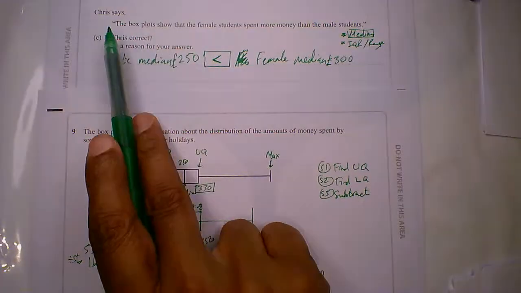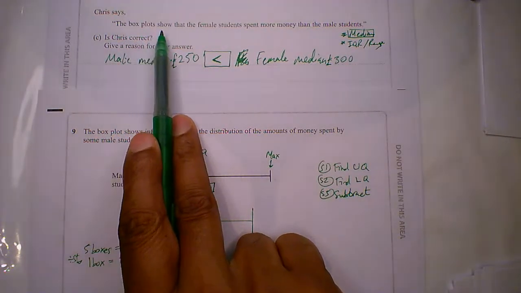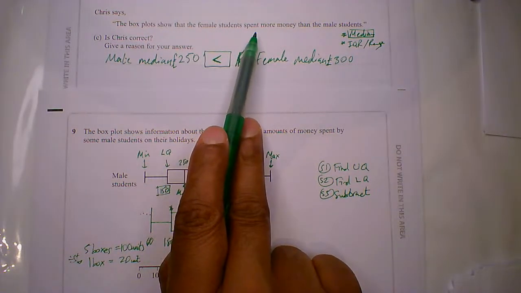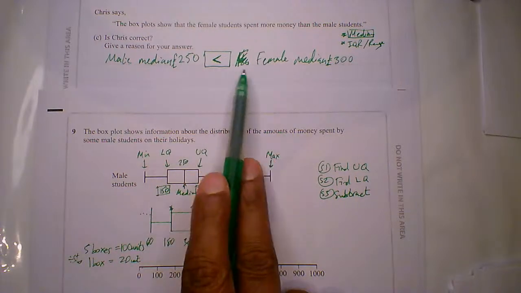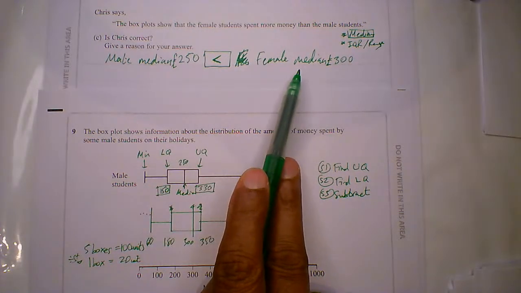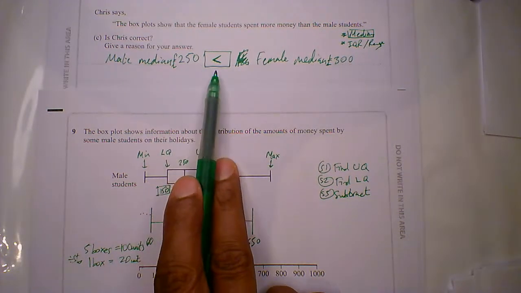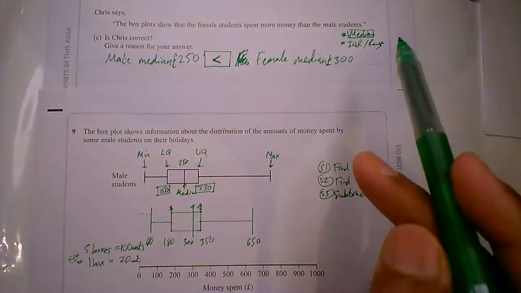Now let me read the question. Chris says the box plot shows that the female students spent more money. So does this mean female students have spent more money? Male students spent less than the female, so yes, Chris is correct.